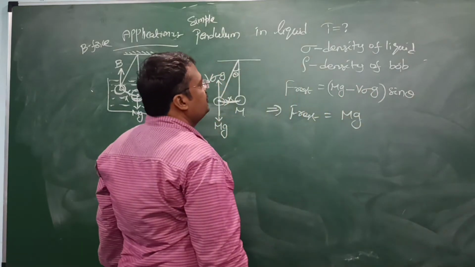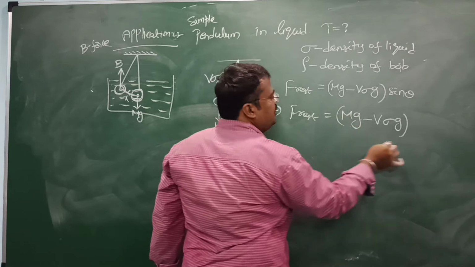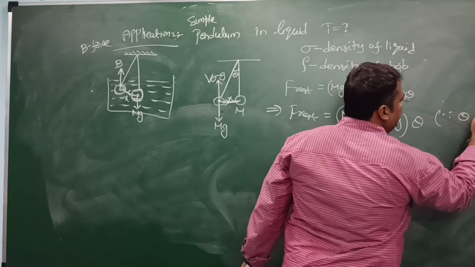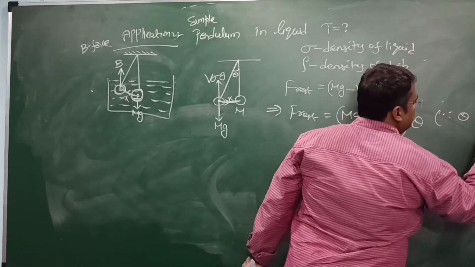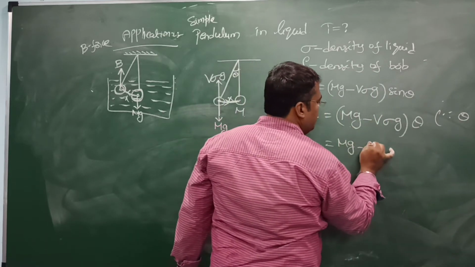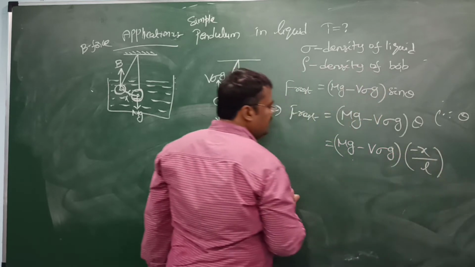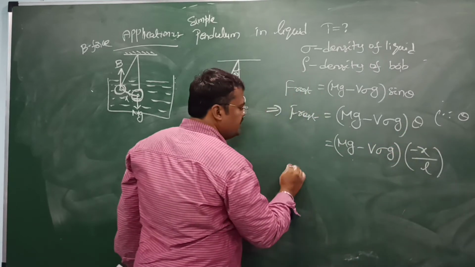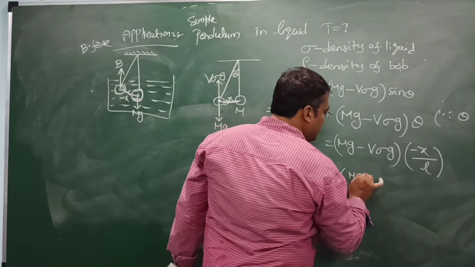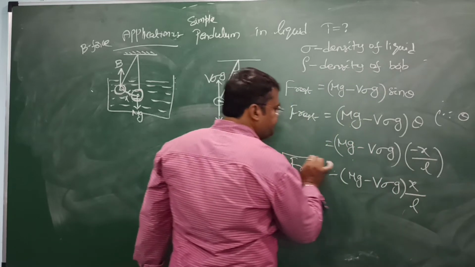So F restoring force is mg minus V sigma G into theta. Since theta is very small, it is equal to mg minus V sigma G into minus x divided by L, because it is a restoring force opposite to the displacement. So restoring force is equal to minus of mg minus V sigma G into x divided by L.